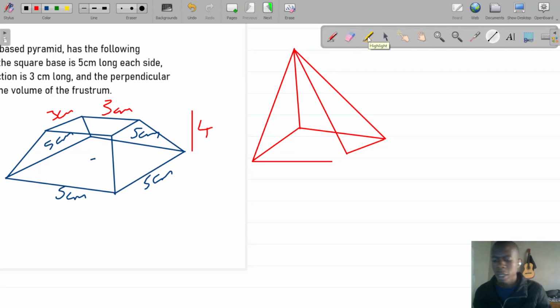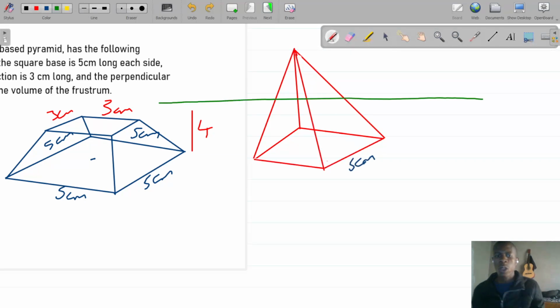It should have been like that. So this might have been the original pyramid, and the green line represents where it was cut off from. So the bottom part is the frustrum.